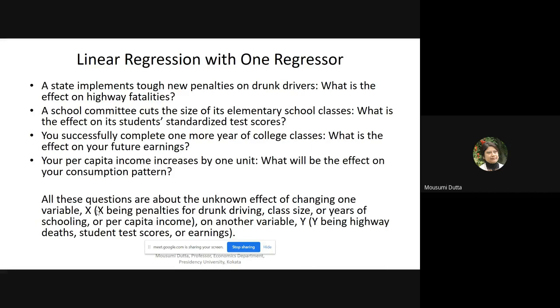However, you are understanding, if we consider this kind of simple model, there is no chance that we will be able to control for other variables. So if you look at the second issue, a school committee cuts the size of its elementary school classes. What is the effect on its students' standardized test scores? If you consider this relationship only, you are trying to avoid the control mechanism, okay?